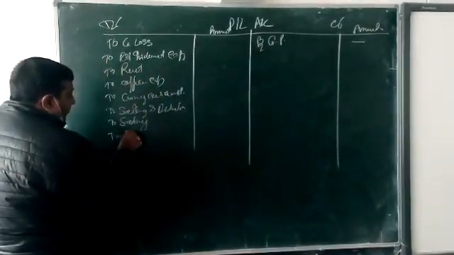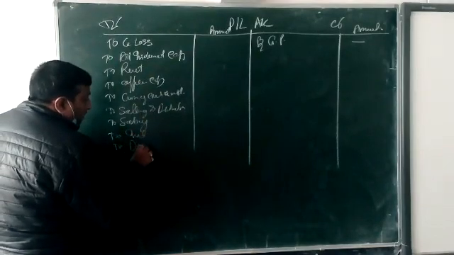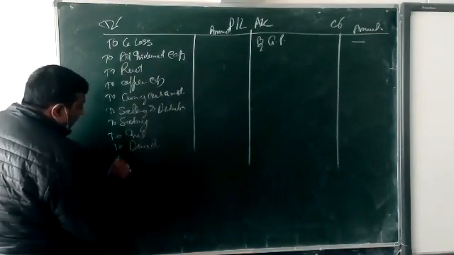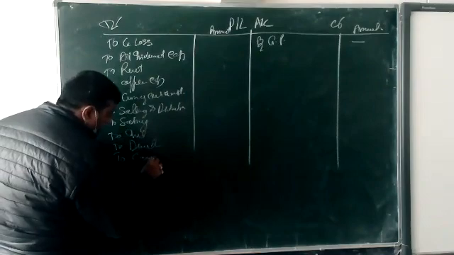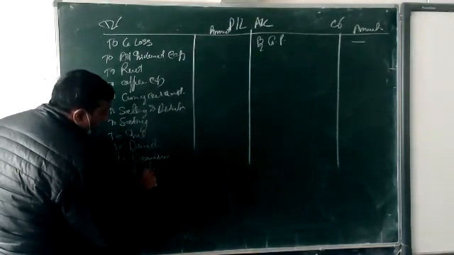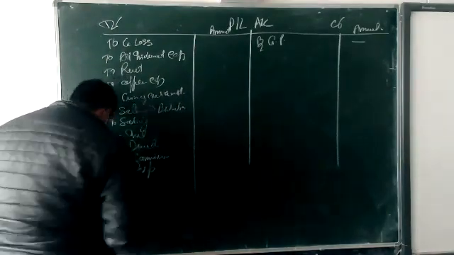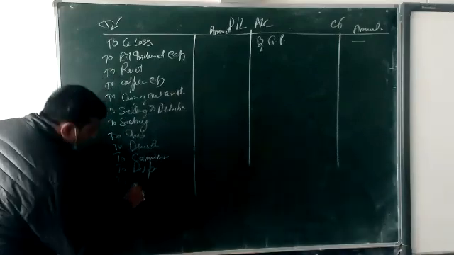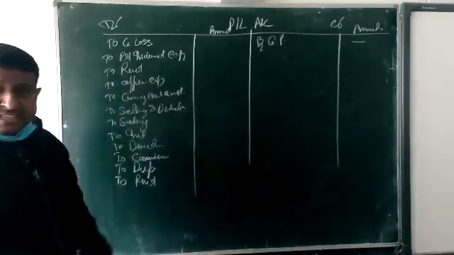Then to interest if we pay, to discount if we give discount, to commission if we pay, to depreciation we show here, to rent. Okay, if we are paying, we put it on this side.